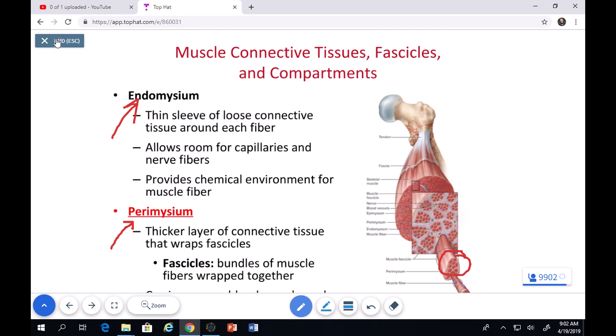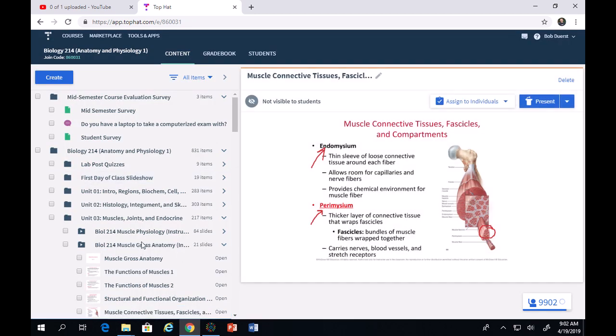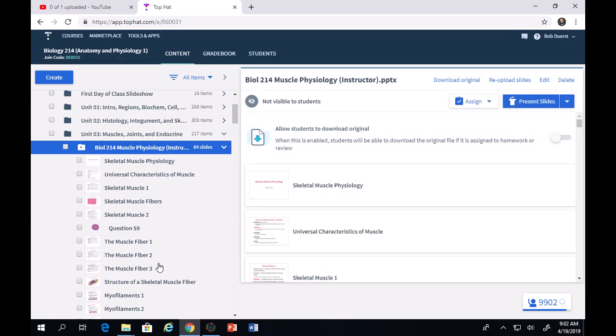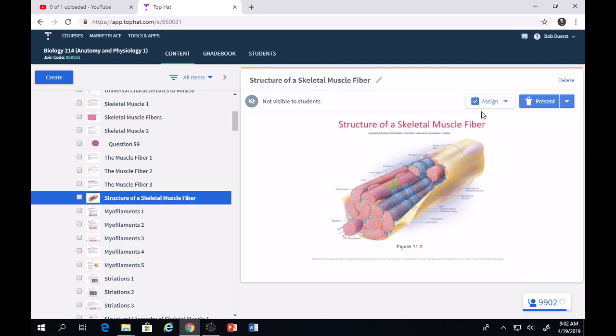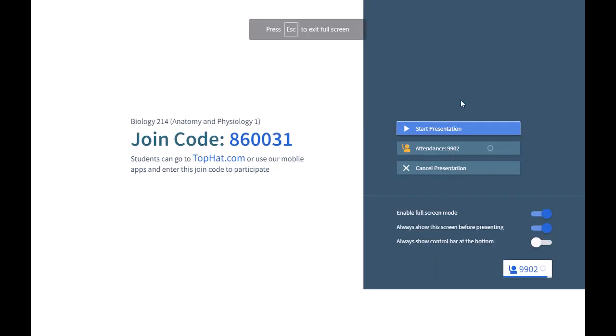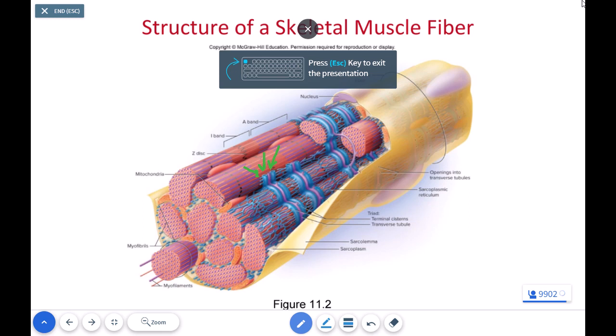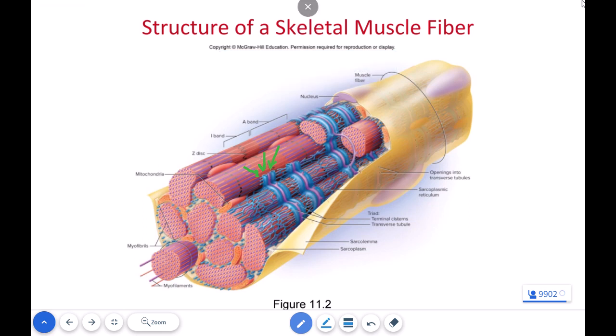If we look at one individual muscle cell within a fascicle, we can start to change our perspective and focus on the inside of a muscle cell. Another name for a muscle cell is a muscle fiber. So here's an image of a muscle cell.